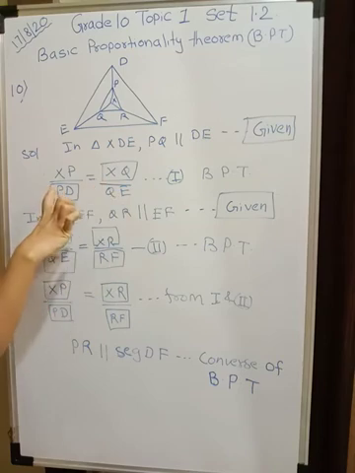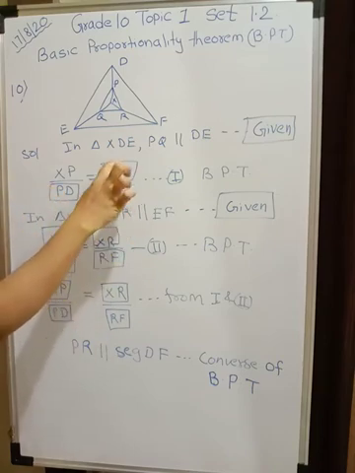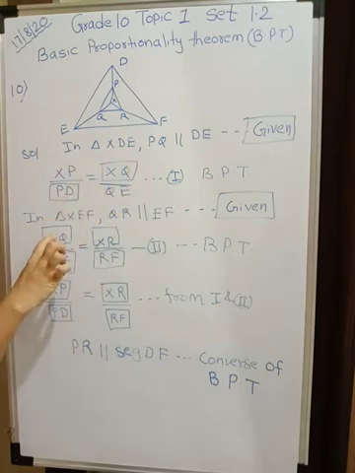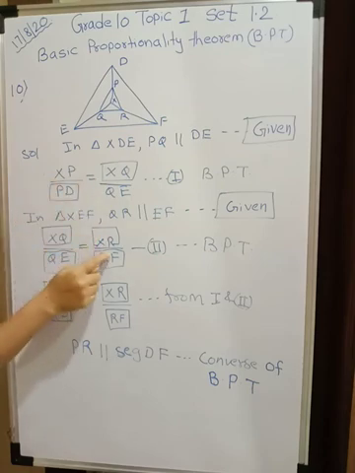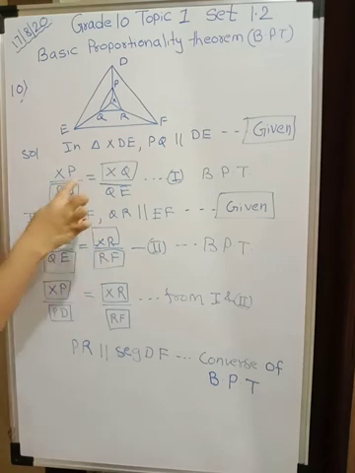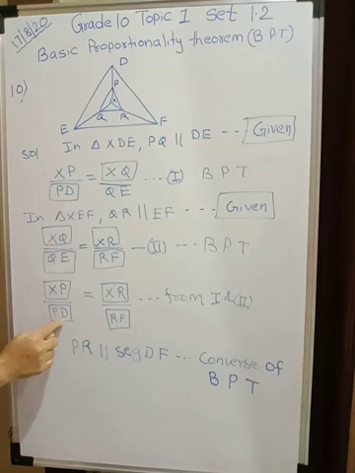Now look at these two ratios very carefully, 1 and 2. XQ upon QE is here, XQ upon QE is here also. You know that if A is equal to B and B is again equal to C, A will be equal to C. So using this property, from 1 and 2 we get XP upon PD is also equal to XR upon RF.